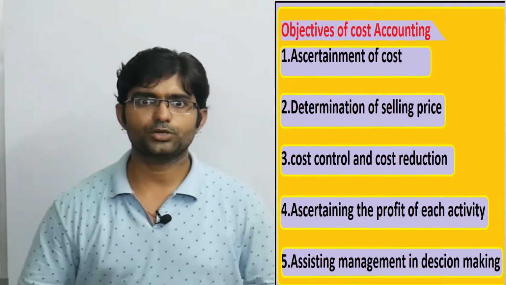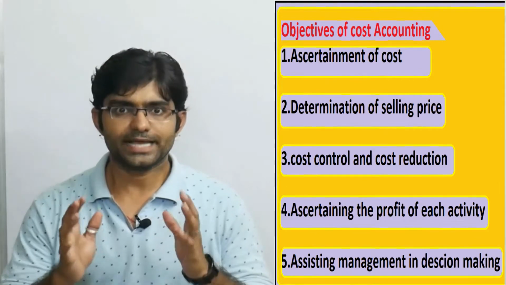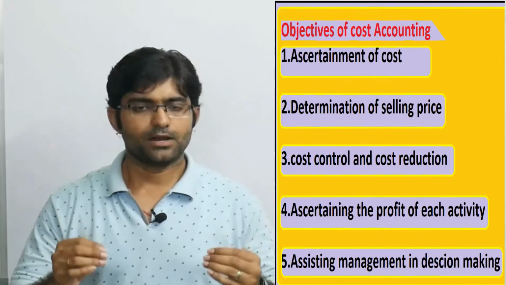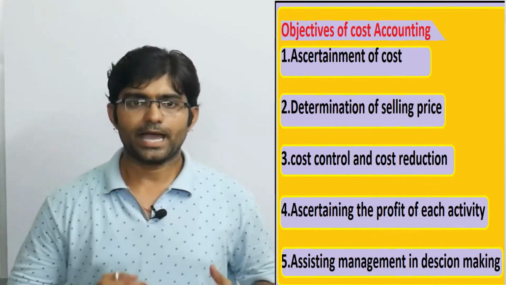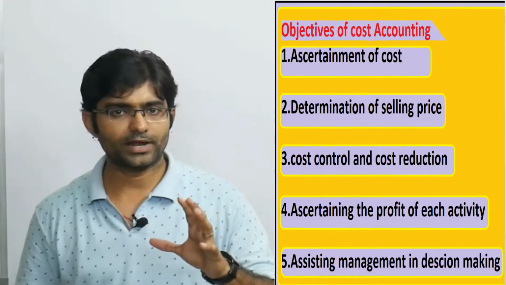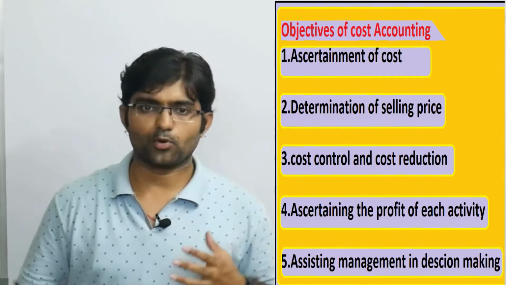The next objective is determination of selling price. Yes, it is true that our competitors' product and the substitutes of our product, their price also influence the price of our product.